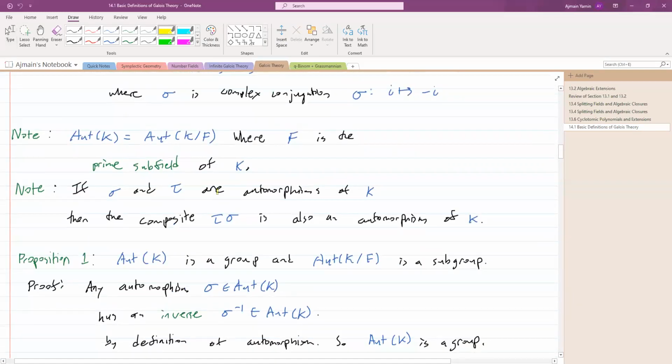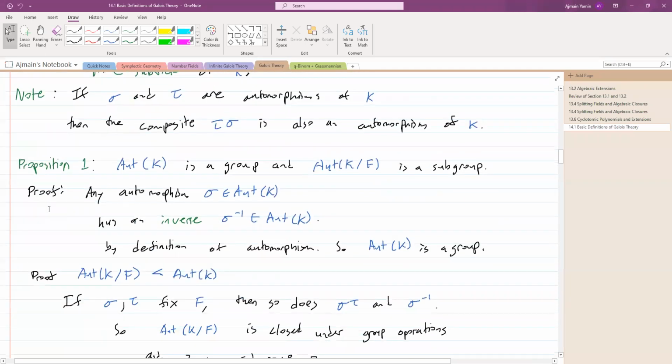And now is the part about the fact that Aut(K/F) is a group. If you have two automorphisms of K, their composite is also an automorphism. So Aut(K) is a group and Aut(K/F) is a subgroup. Any automorphism of K has an inverse, because automorphisms are invertible, so it's a group.